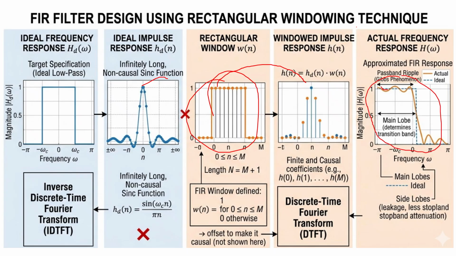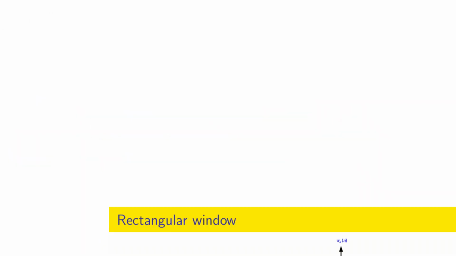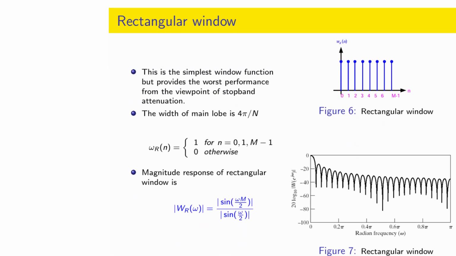Here the ripple is there because this gives oscillations, right? So our target is to make it more and more smooth, right? So that is why we are using this window technique, and already we have seen the equations for the window technique, right? So let's see one by one.